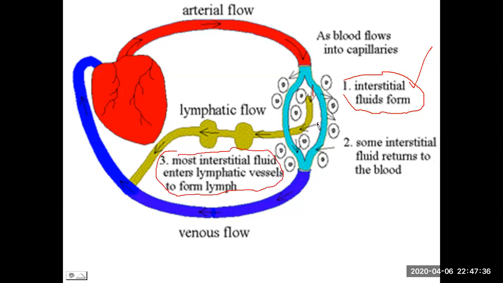So now we have that transfer of interstitial fluid into the lymphatic capillary. A small degree of the fluid actually does return right back to the cardiovascular system right away, but the majority of that interstitial fluid flows into the lymphatic capillary and now passes along the lymphatic system.